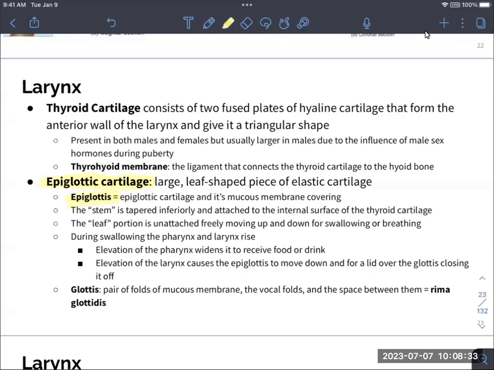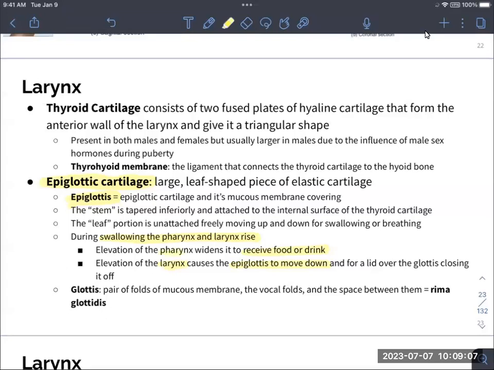During swallowing, the pharynx and the larynx both rise up. The elevation of the pharynx widens it to allow food to go in. Elevation of the larynx specifically causes the epiglottis to fold down and close off the larynx.